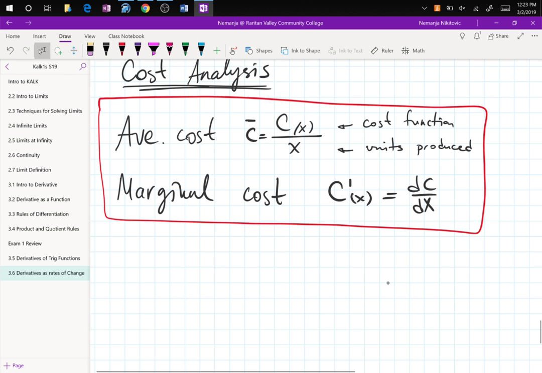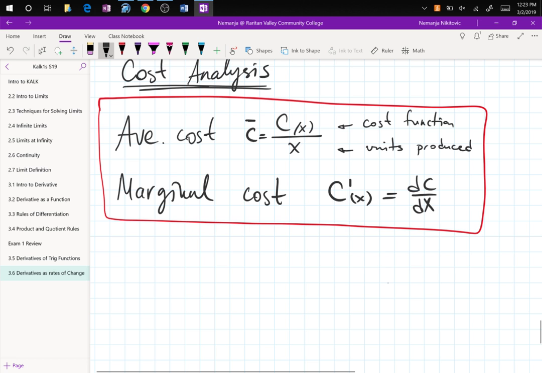So now, average cost and marginal cost are different things, and clearly average cost is just your average, let's say, speed, and your marginal cost would be your instantaneous speed, which is what your speedometer shows. So what would be the derivative of marginal cost? Nothing. Well, it would be the change in marginal cost, but yeah.